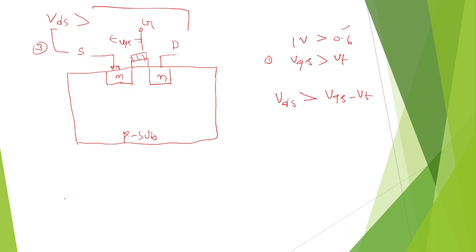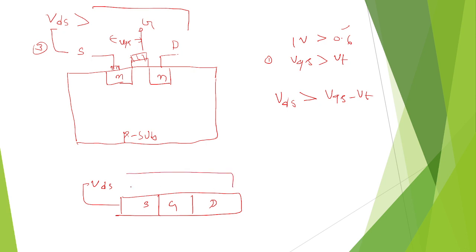This is VDS, the voltage between drain and source, so this voltage between drain and source is greater than the voltage between gate and source.